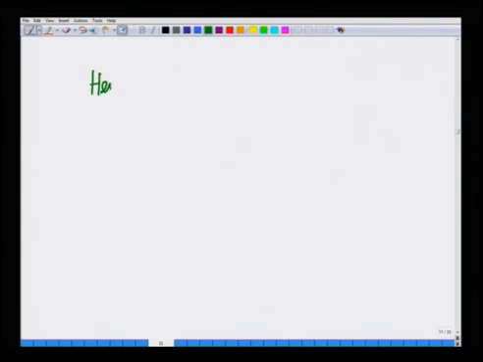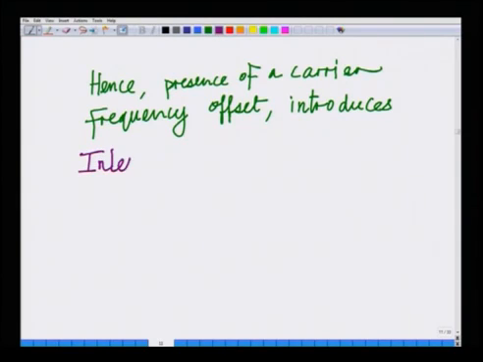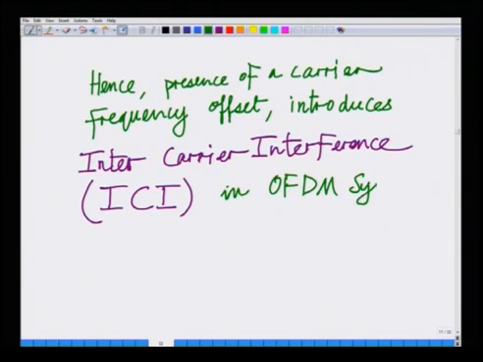Hence, the presence of a carrier frequency offset introduces inter-carrier interference, ICI, in OFDM systems.